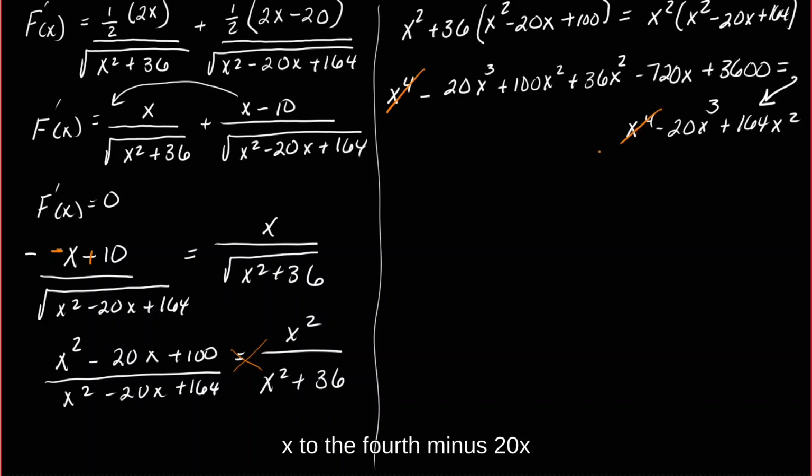The x to the fourth cancels. Negative 20x to the third cancels.